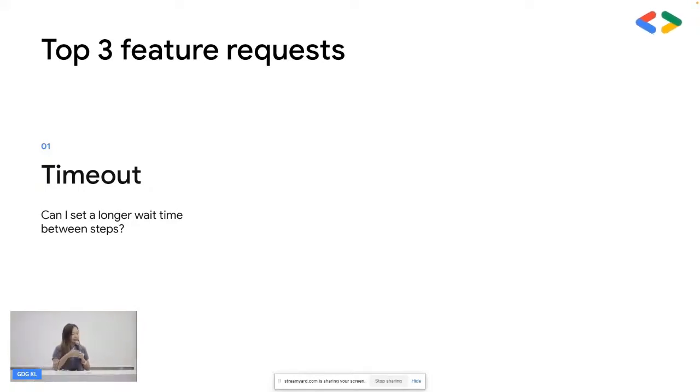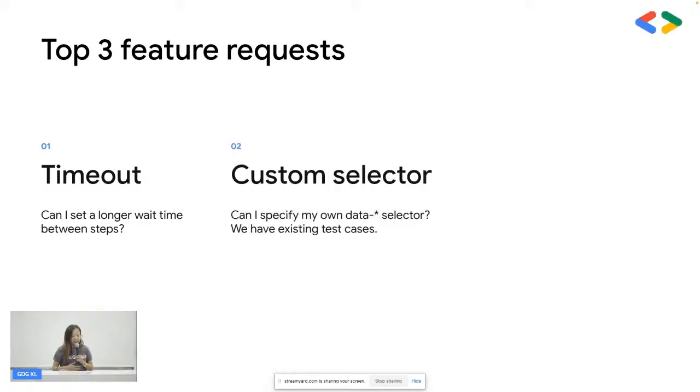By default, for each of the steps, we'll wait for 3,000 milliseconds, which means 3 seconds, before it times out. So developers want to say, hey, can I set a longer timeout? Can I specify my own custom data selector? Because if you are using Cypress or another test framework in your workflow, you might already have data-cy, which you usually use for Cypress, or data-test or some other selector.